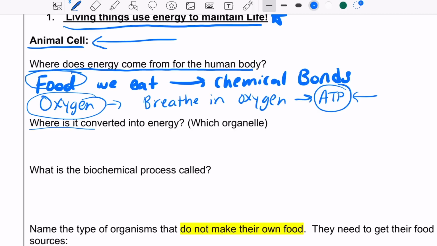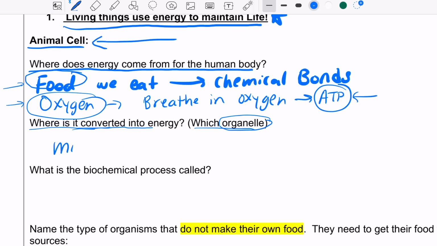Where is it converted into energy? Which organelle? Organelle is found in cells. Organelles are little organs that do specific functions for the life of the cell. So where is food and oxygen converted to energy?